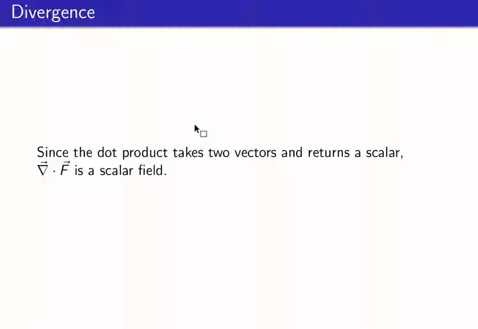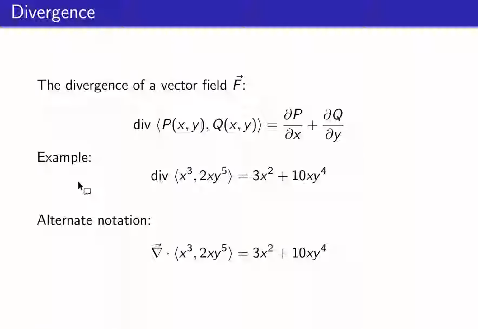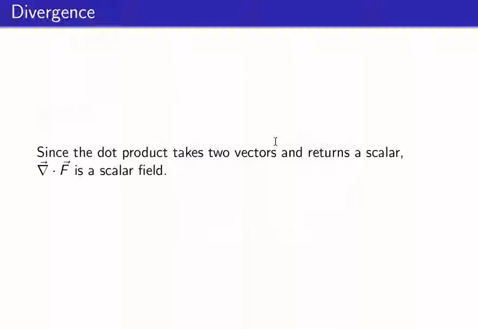But if you think of it as a vector, dotted with this vector, well, the dot product of two vectors is a scalar, so this is a scalar field. Now, here's the thing. We knew that it was a scalar field way back when I made the definition back here, right? But the point is, this is what's going to help me remember that this is a scalar field. I see this vector, take the dot product, it's a scalar.